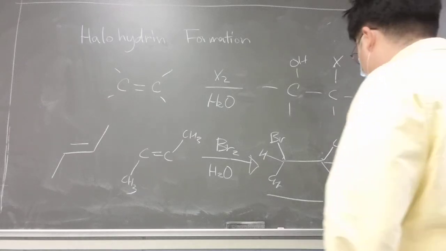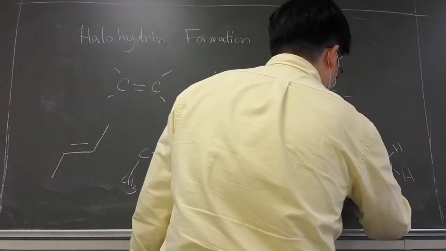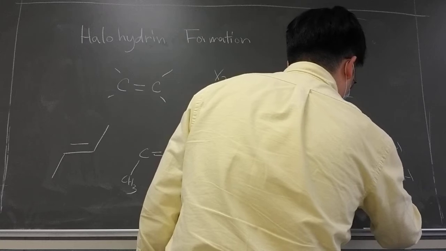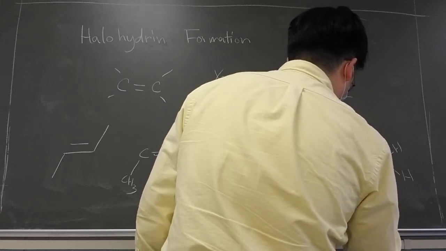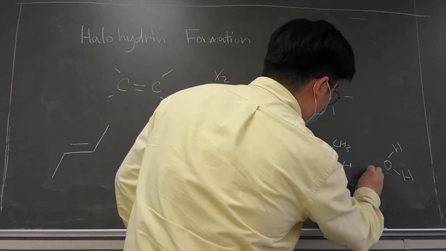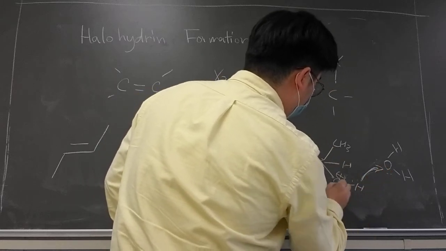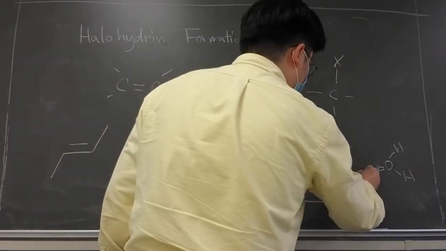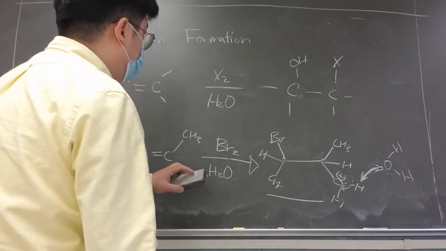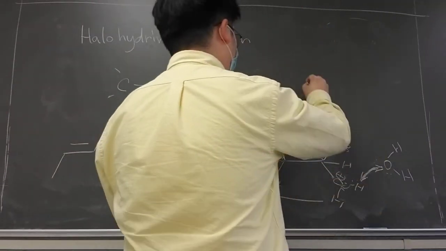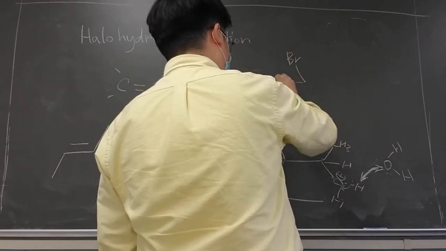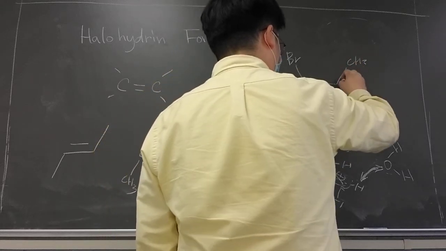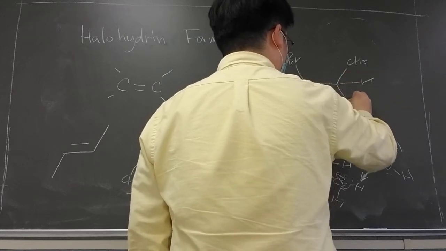Oh, no, sorry. The other one. It grabs onto this one. So it goes onto this one. Oh, sorry. Not here. Here. So if that is the case, you can have it like this.